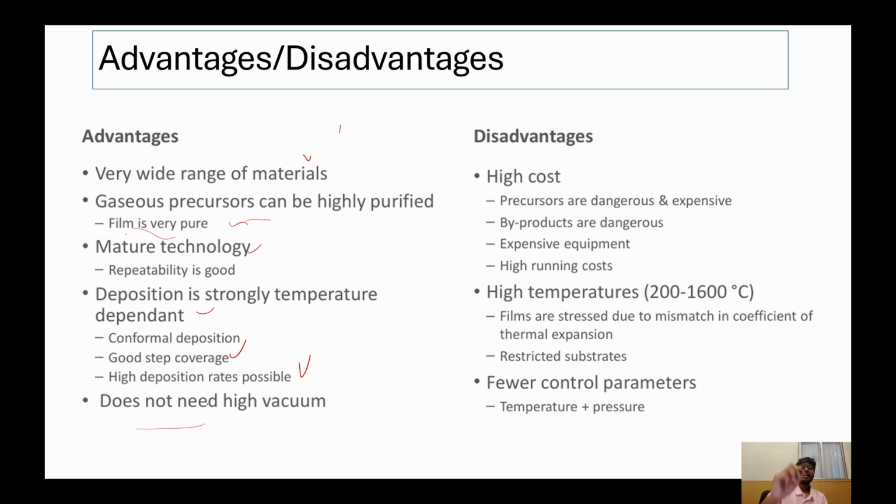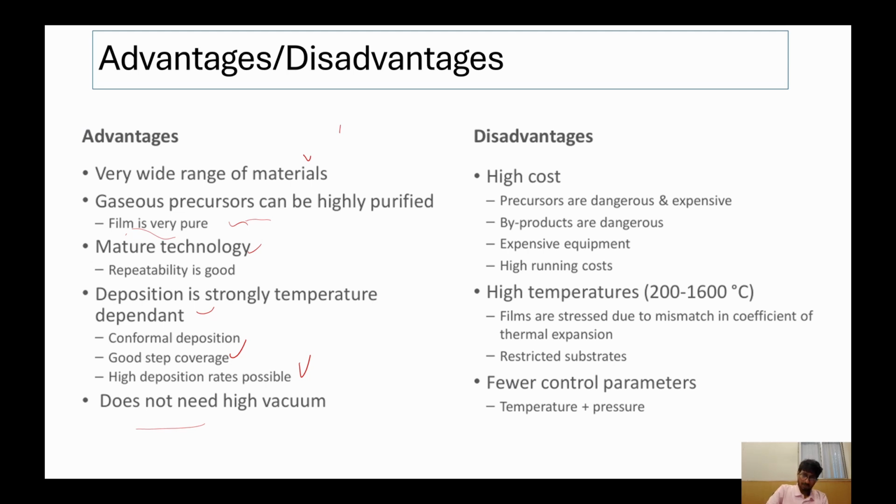This does not need high vacuum, which is a great advantage, because there are some pumps which can go to very low pressure, very high vacuum, and they are very expensive as well. So atmospheric CVD you can do, plasma enhanced CVD you can do. They do not require a very high vacuum kind of pump.